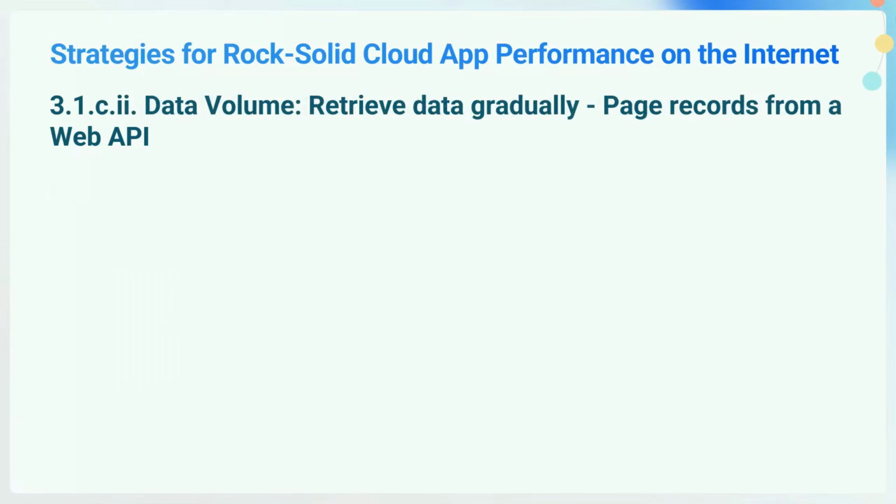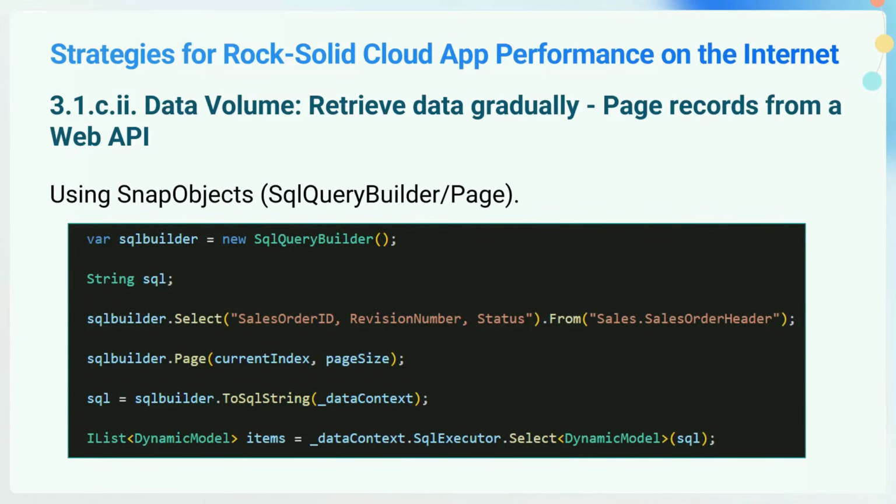And a second option for retrieving data gradually, page by page from a web API, is by using SnapObjects' native classes, meaning without using the .NET DataStore. In this example, you can see how two SnapObjects classes work together: SQL Query Builder and SQL Executor. SQL Query Builder provides special functions to dynamically build the SQL statement, and it also includes a page function.